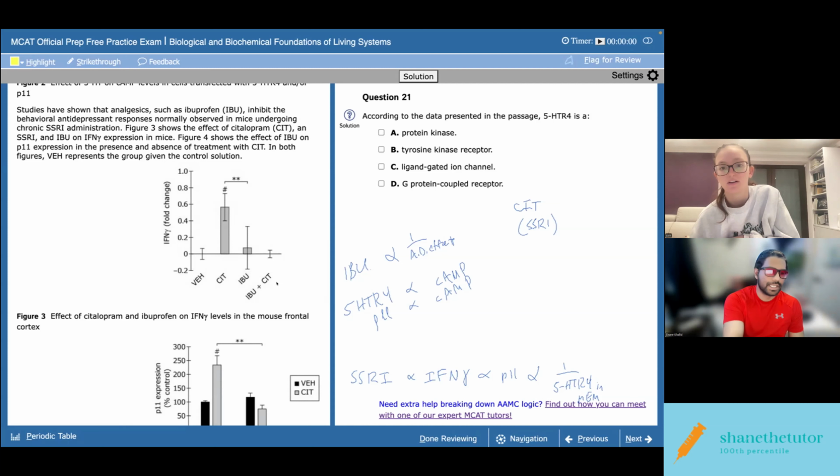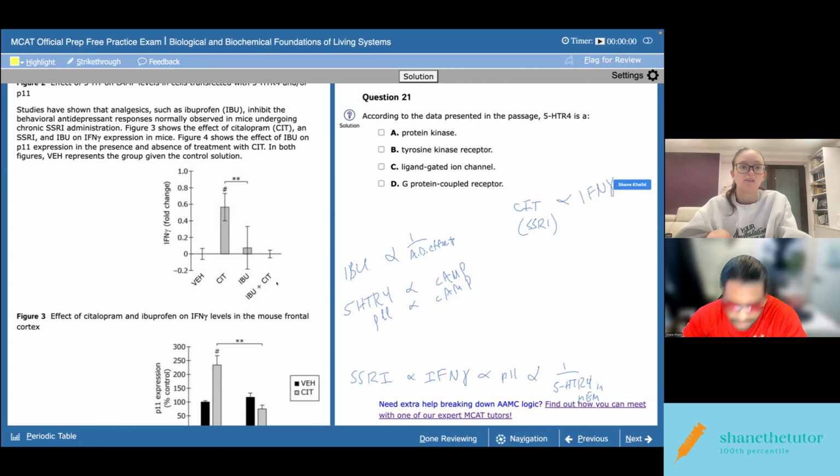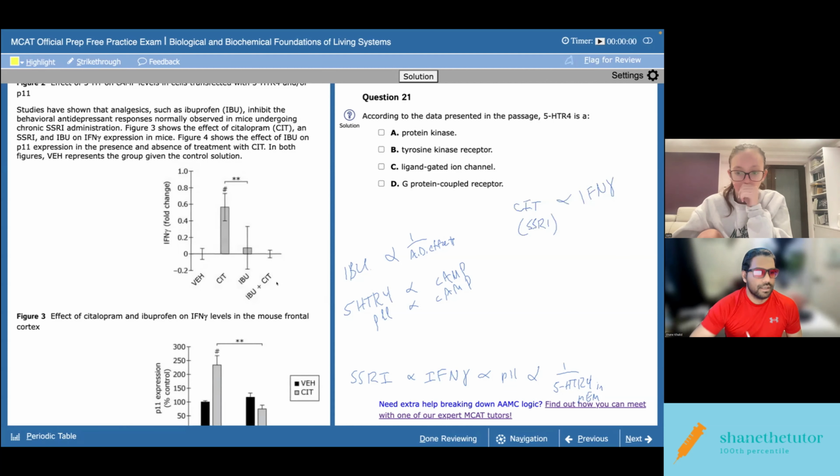Yeah. So we see that there's a positive relationship with the IFN for the citalopram, the SSRI, and the ibuprofen, as they told us, we see that it's having that negative effect.